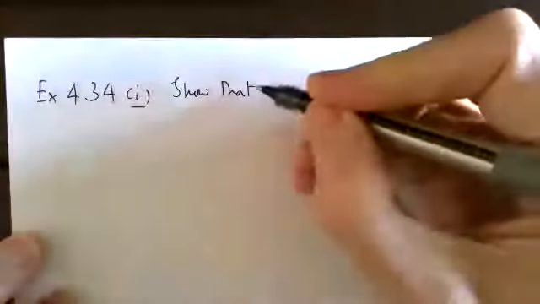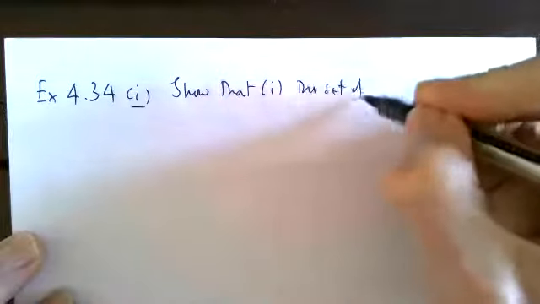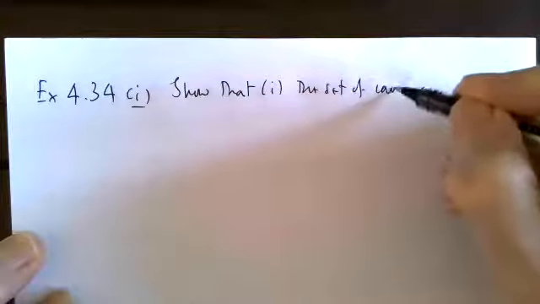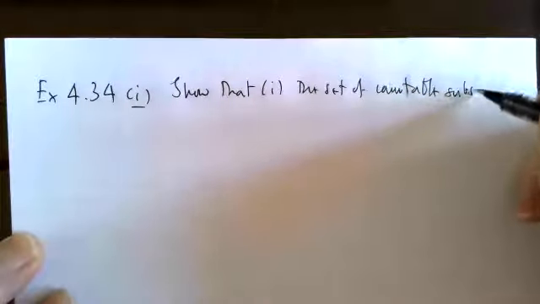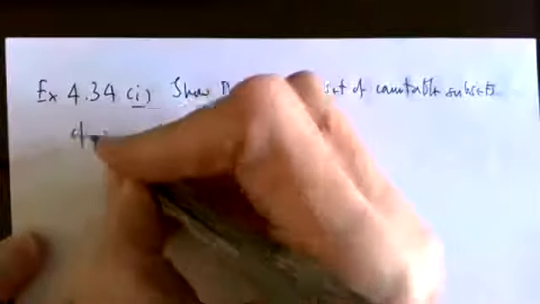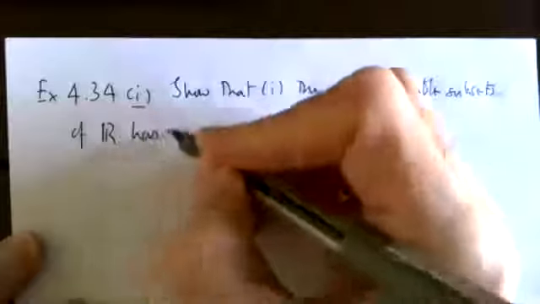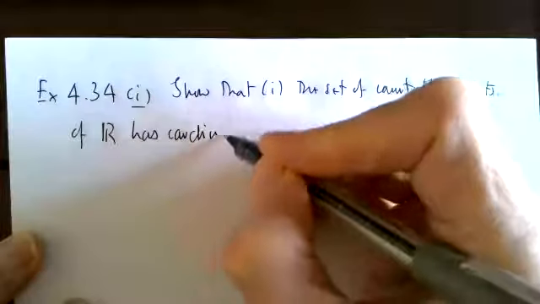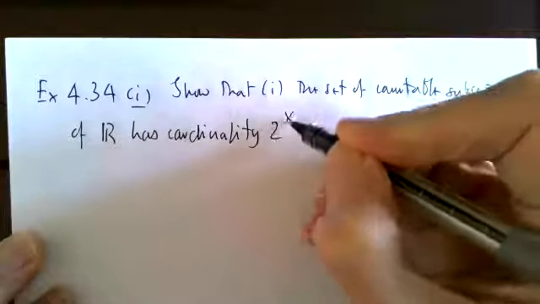Show that the set of countable subsets of R has cardinality 2 to the aleph 0.